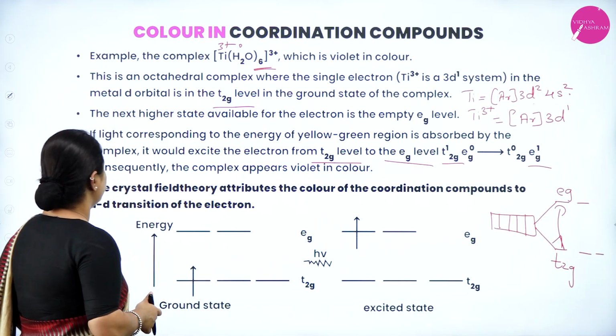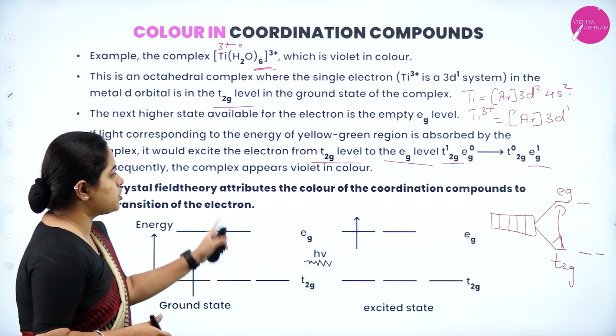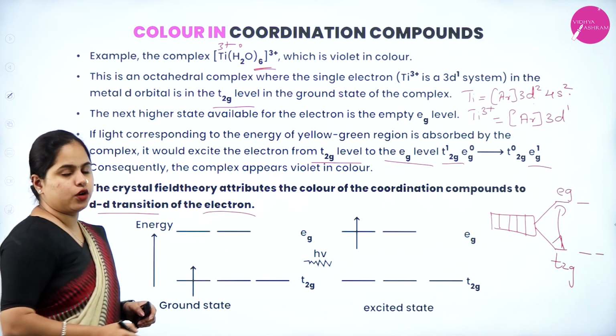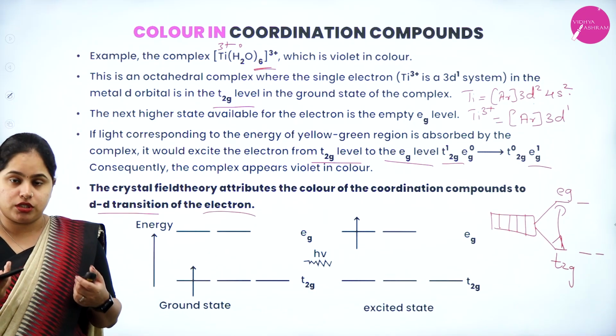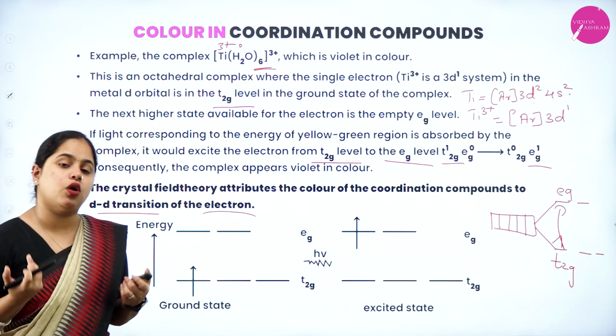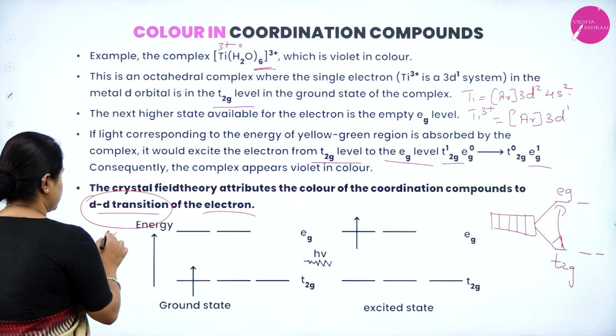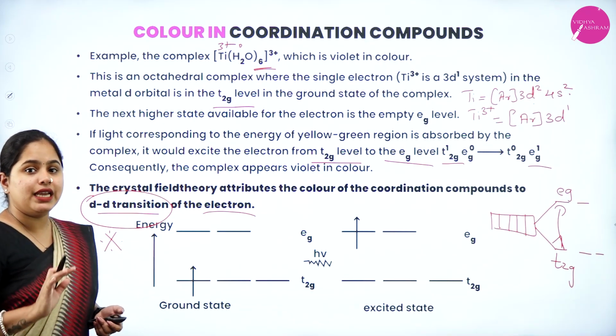So the crystal field theory attributes the color of the coordination compound to the d-d transition of the electron. Coordination compounds are generally colored because of the d-d transition.